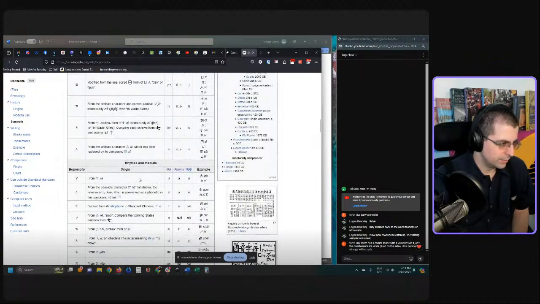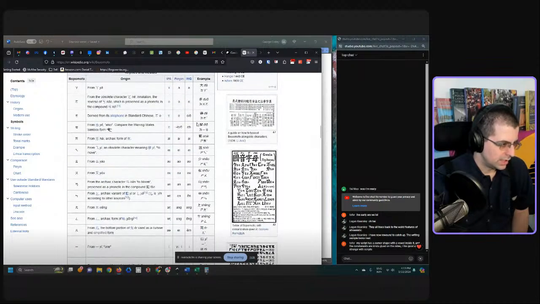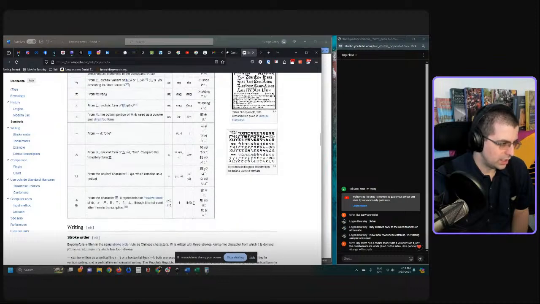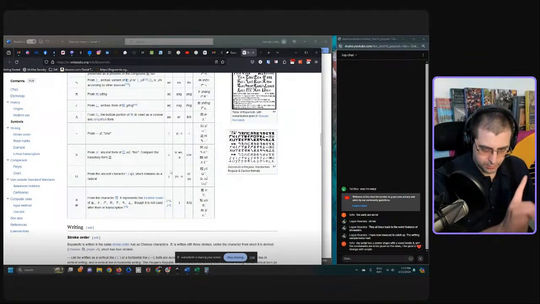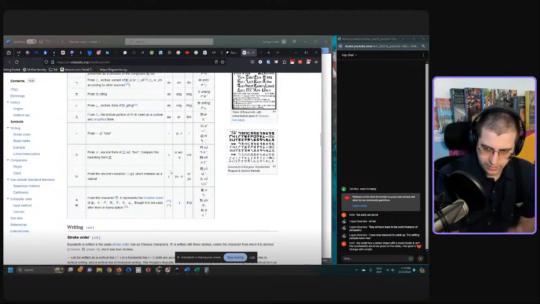Here they're saying rhymes and medials, but you have a character for the onset and a character for the rhyme, and also characters for certain glides that come right after the first consonant.